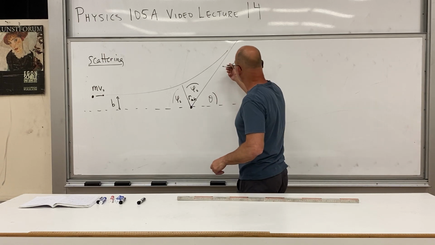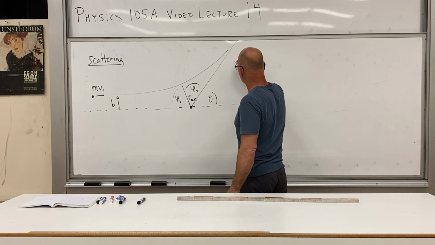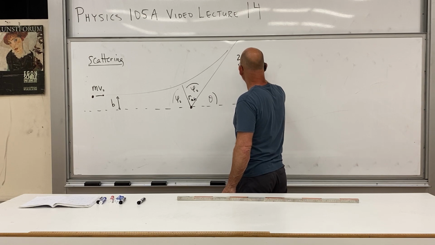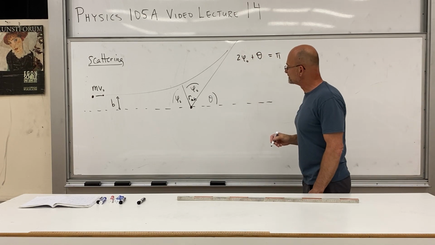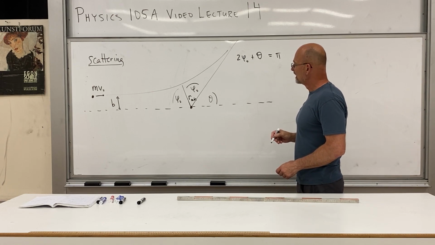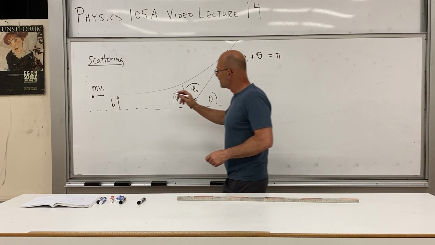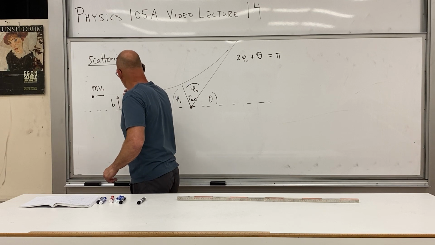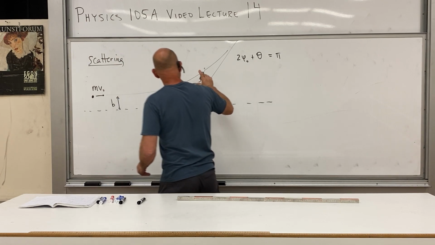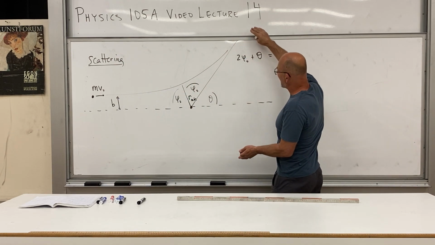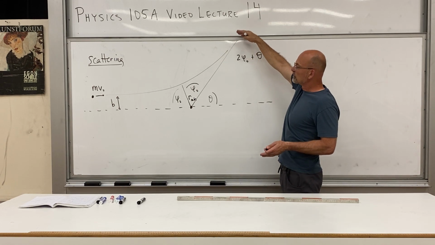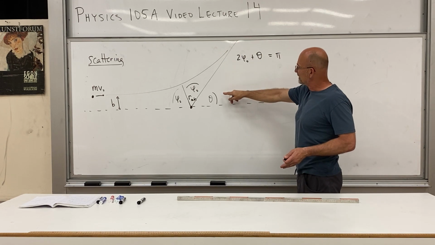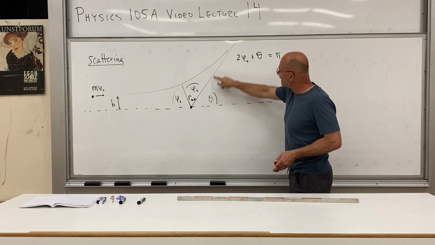And just based on these definitions, we see that 2 phi0 plus theta is equal to pi. We make use of that. And the problem was of analyzing the particles scattered here. So we can imagine we're going to have detectors set up to discover these particles, and the detection will be at a certain angle.